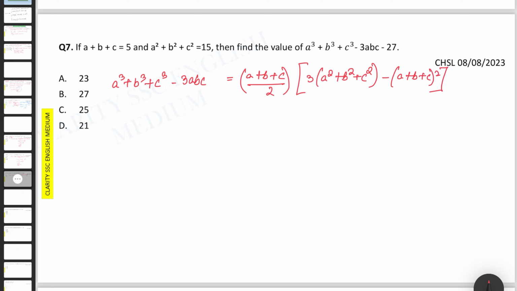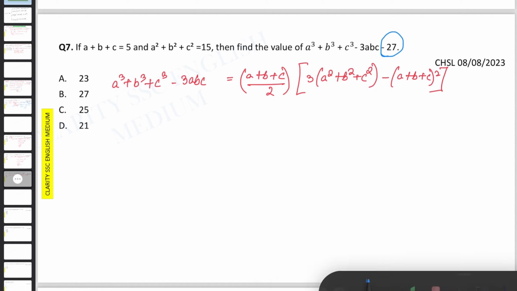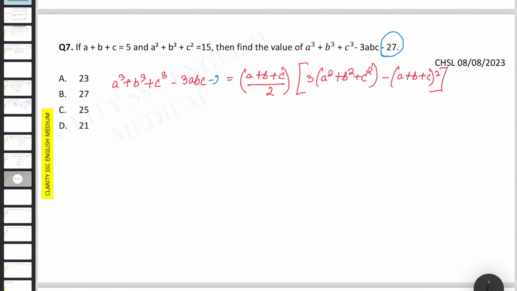Here, in the question, there is an additional value of minus 27, so you need to write minus 27 on both the left hand and the right hand side.